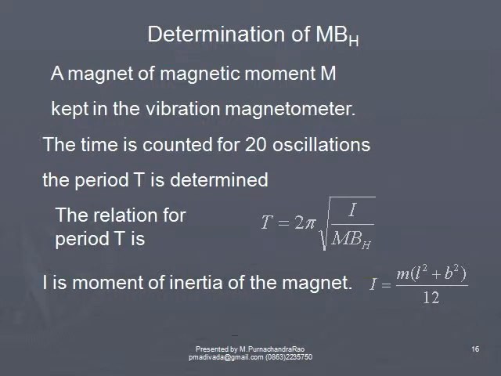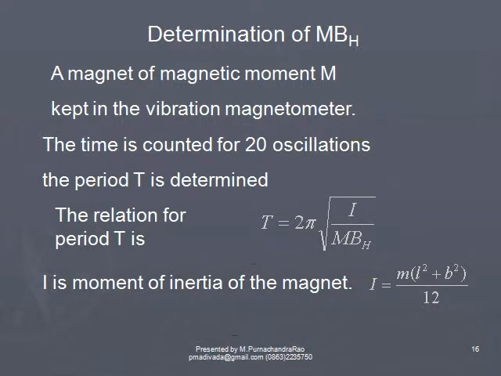The magnet is made to vibrate about the magnetic meridian. We know that it executes angular simple harmonic oscillations.